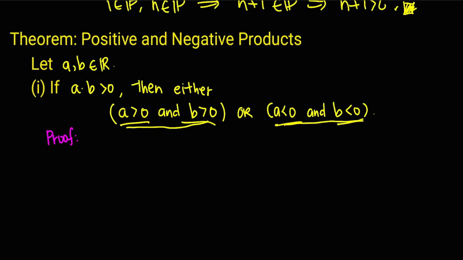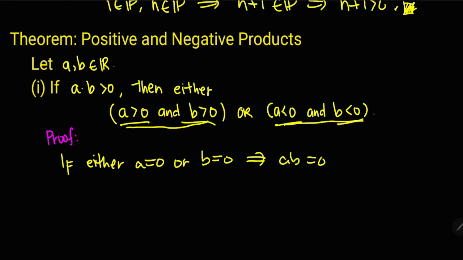Because if one of them is 0, then the whole product must be 0. Right? That's the multiplication property of 0. If either A is equal to 0 or B is equal to 0, automatically AB will be 0. But our assumption is that AB is positive. So meaning, this cannot happen. Right? So this is a contradiction. So a contradiction means our assumption cannot happen.